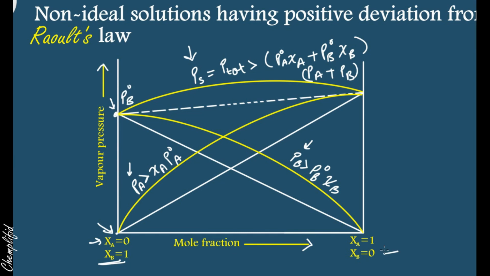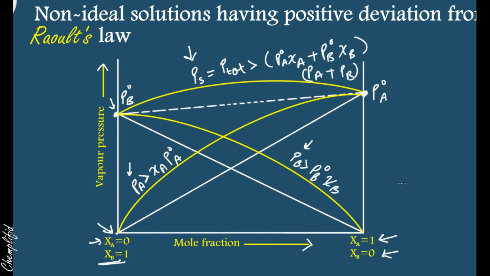Now look at this side. Here mole fraction of B is 0, means only A is present. At this point, the pressure is P naught A, that is vapor pressure in pure state of A. So this is the graph for non-ideal solution which shows positive deviation. Now according to Raoult's law, the graph should follow the pattern followed by the white lines.